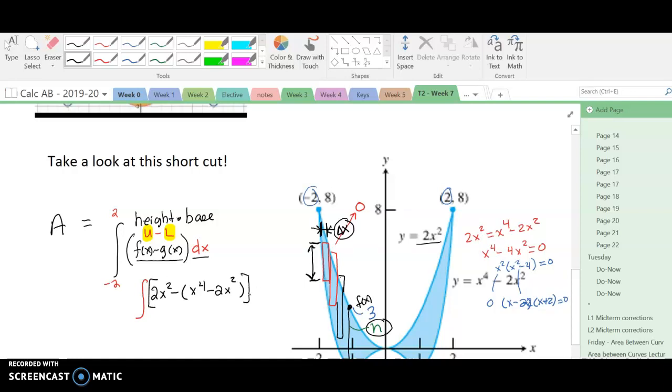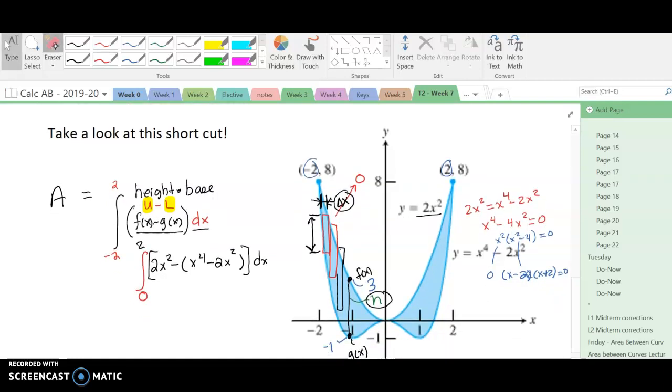All of this is multiplied by our base of dx. And I could go from -2 to 2. But it's going to be simpler when I do this by hand if I could have a 0 plugged in, because that way when I try to evaluate my lower limit, everything is 0. And hopefully you can see with symmetry, these two areas are exactly equal.